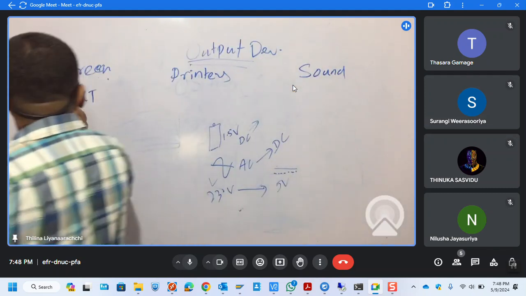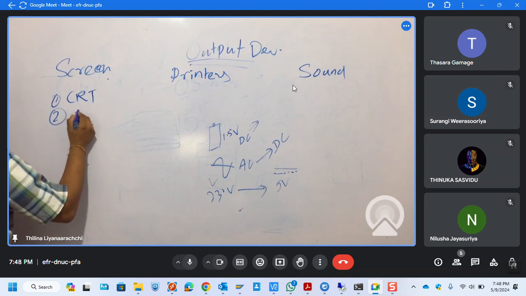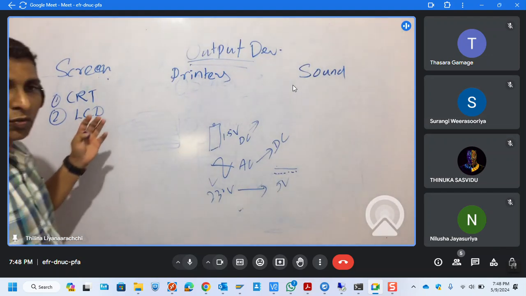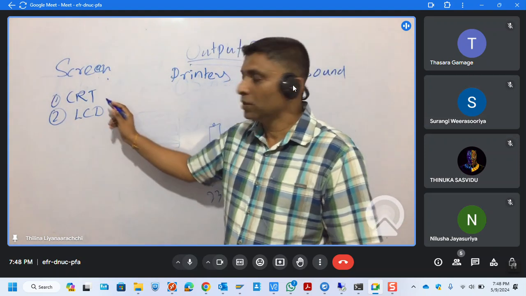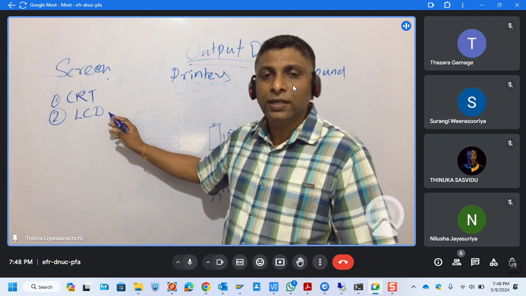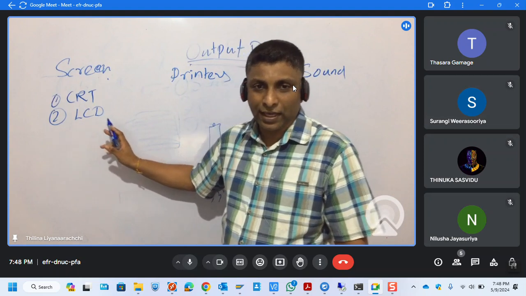Right, CRT, that's the first one, and the second evolution was LCDs. Right, it was a very remarkable innovation compared to CRT. So liquid crystal display. The name itself says there's some liquid inside that, right?